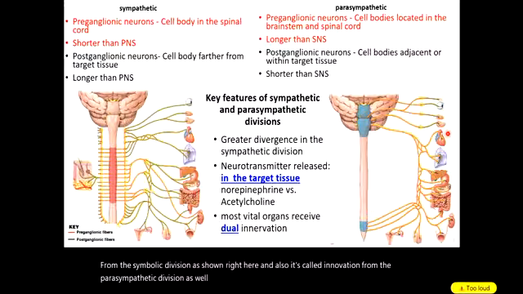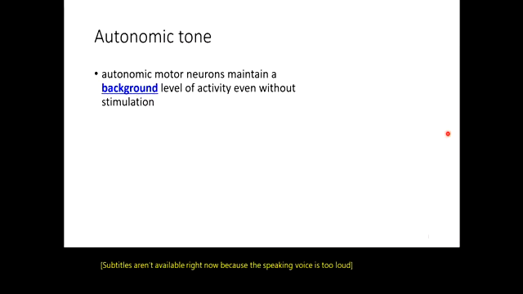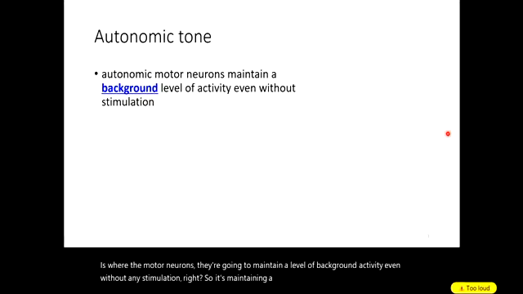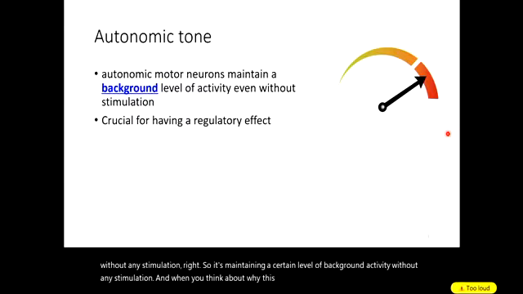And this is very important because it helps to maintain what is known as an autonomic tone. Autonomic tone is where the motor neurons maintain a level of background activity even without any stimulation. When you think about why this is the case, it's very important for having a regulatory effect.